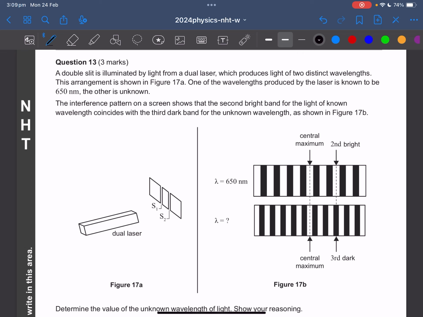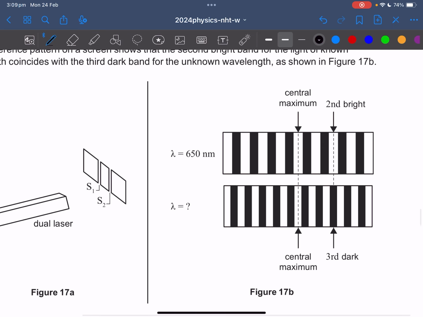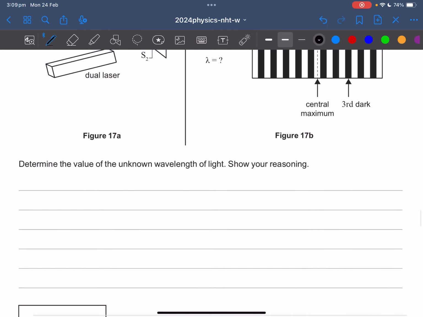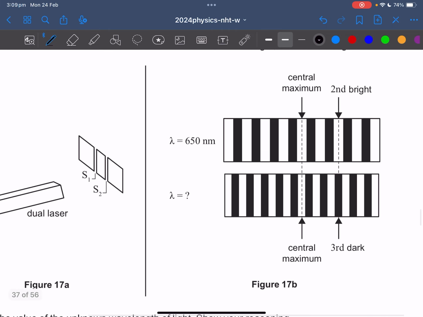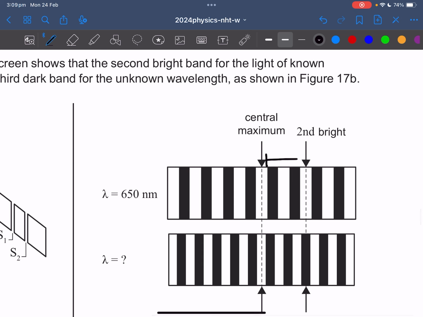The interference pattern on the screen shows that the second bright band for the light of known wavelength coincides with the third dark band for the unknown wavelength as shown in figure 17b. Determine the value of the unknown wavelength of the light and show your reasoning. So that means this W over here is the same, so we can use that to calculate the unknown wavelength.